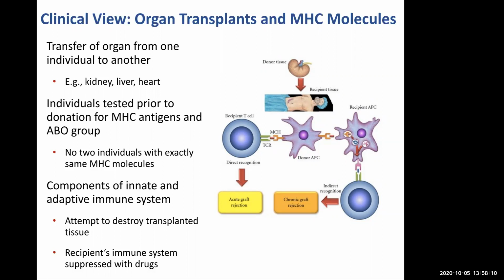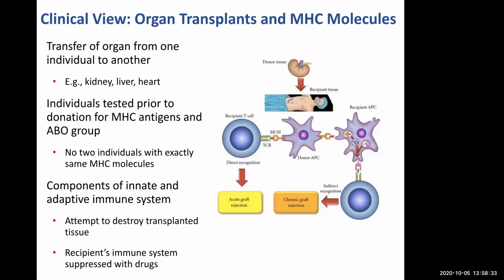There's this idea that compatibility becomes really important. We try and get as close a match as possible, and what it means to be a match is that the molecular pattern that makes up your MHC molecule, if you are the donor, they're going to try and find a recipient, somebody who needs a kidney.